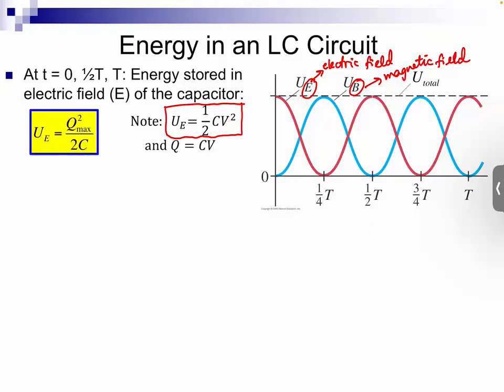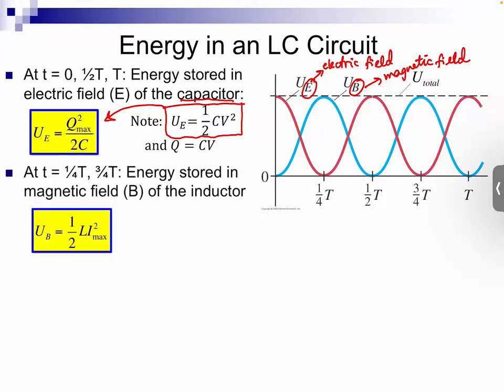If we use the definition for the charge stored in the capacitor, we can rewrite this energy in terms of the charge that's contained in the capacitor plates. And so you have this energy in the capacitor, right? And then for the inductor, you have 1/2 Li squared, as we defined in the earlier slides.